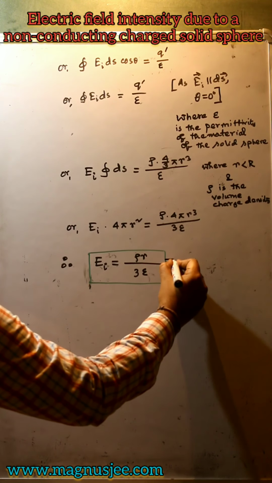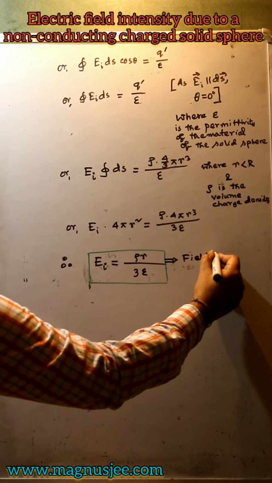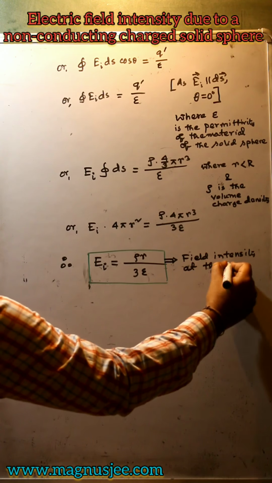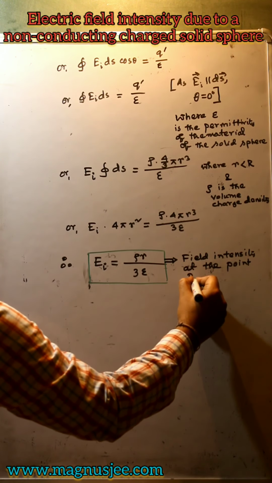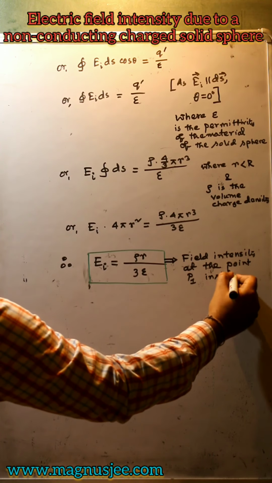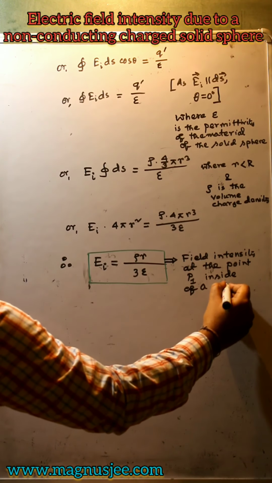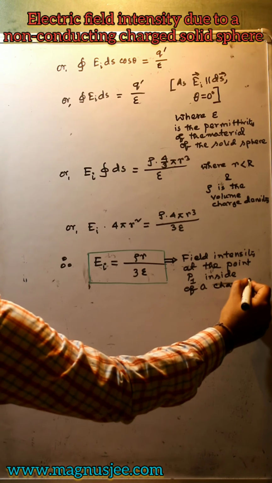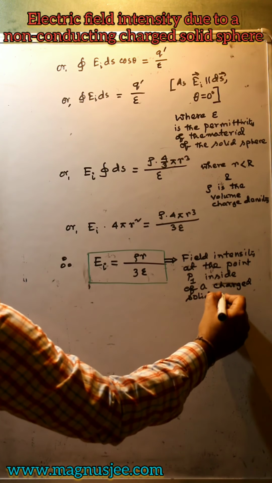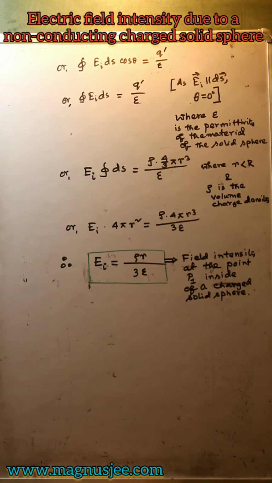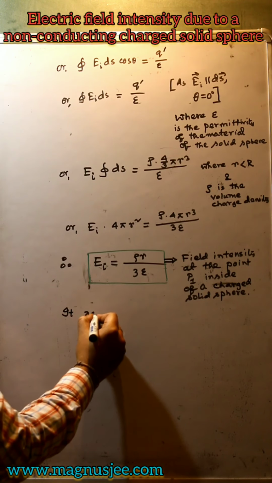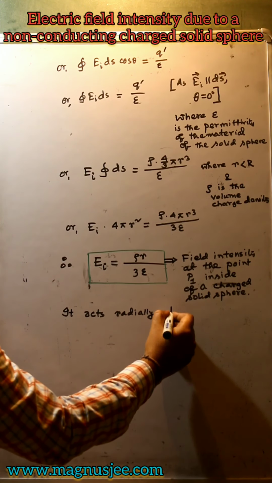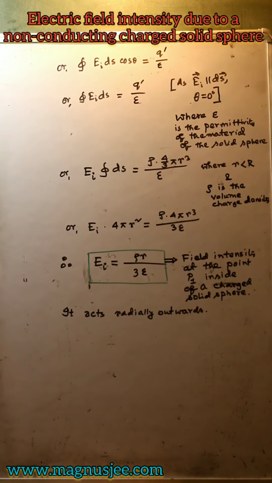And here we can write the field intensity at the point P1 inside a charged solid sphere made of non-conducting medium. It acts radially outwards.